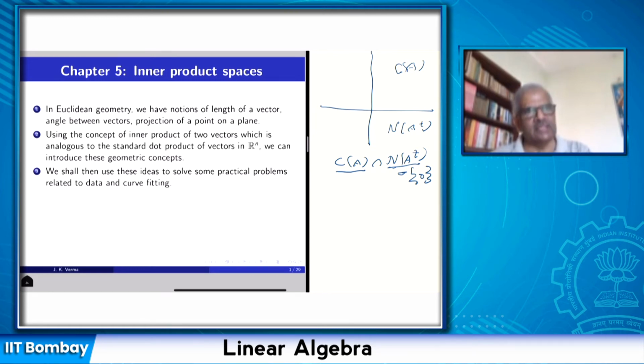Yeah. So towards the end, I will show that if you are given certain data, we want to understand what is the law behind that data. Yeah. So whether the data fits on a straight line, or on a parabola or a hyperbola, etc., etc.